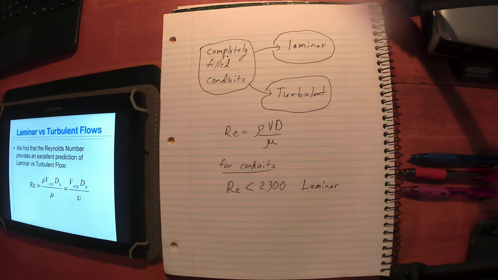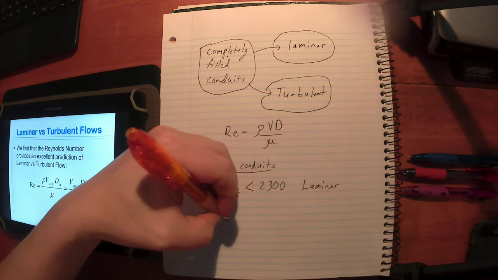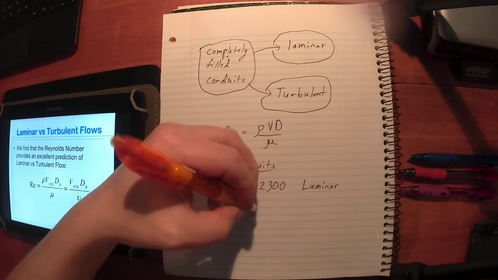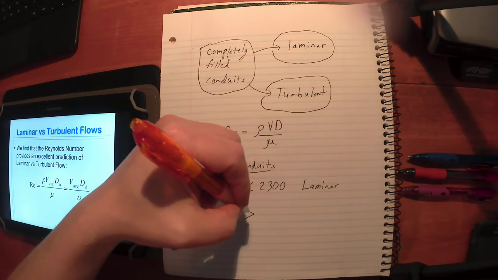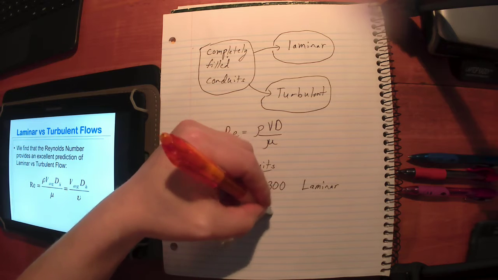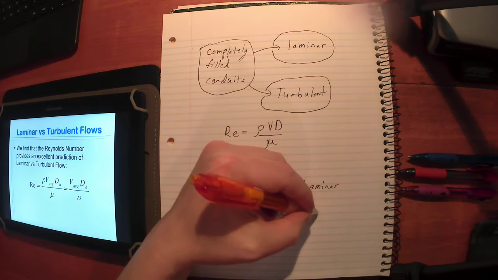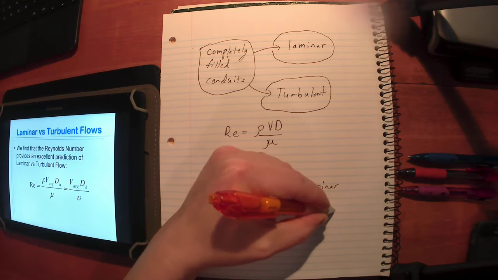And so the flow is moving along nice and steady, and all the molecules are going to stay pretty much moving parallel to one another. If the Reynolds number is greater than, and you'll find sources that differ on where the boundary actually occurs, but in general, if you're dealing with flow over about 4,000, it's a pretty good assumption that you're dealing with turbulent flow.